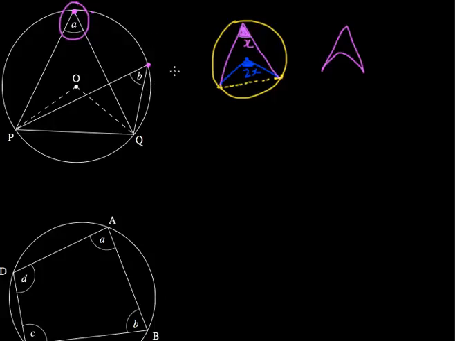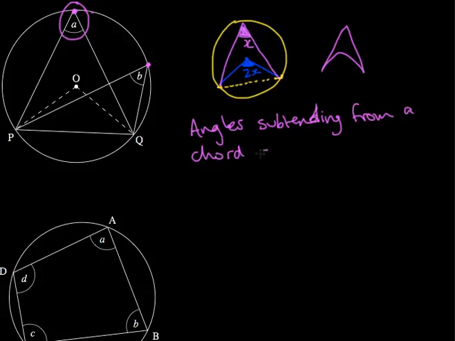So you can write that more technically as angles subtending from a chord are equal. So this is quite a good phrase to use. So angles subtending from a chord are equal. In other words, A and B are equal because they subtend from the chord PQ.